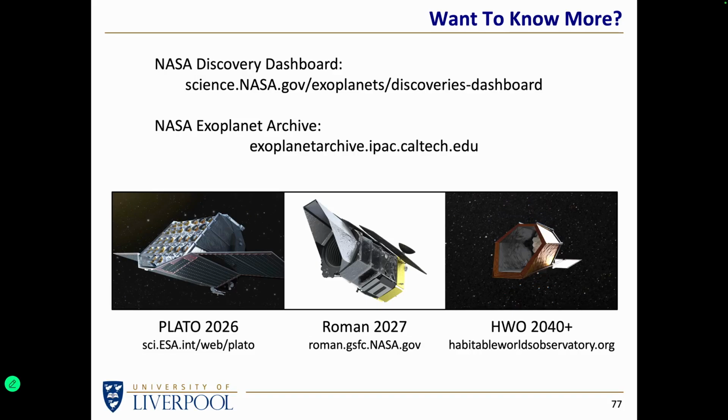And these will be not only discovering more exoplanets, they'll be looking at the properties of the exoplanets that we know of to see whether or not we can find more planets like Earth and whether or not we can find evidence for life beyond our solar system.